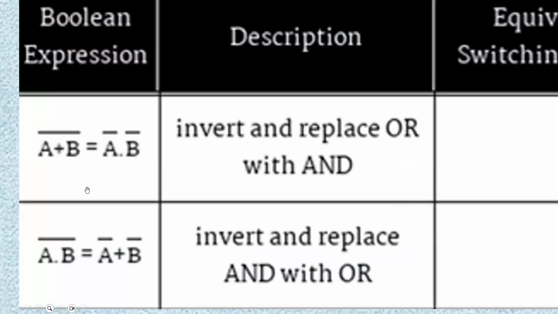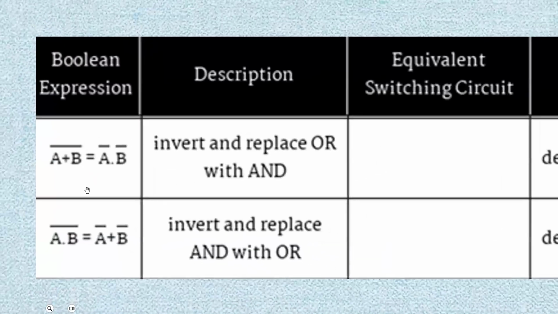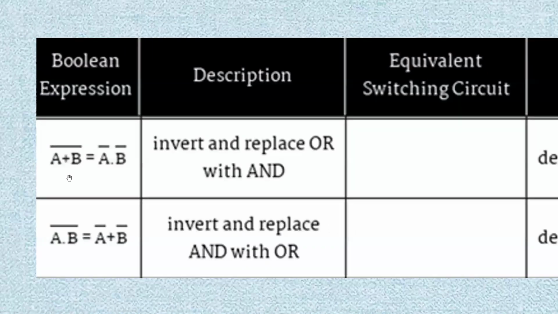You might have to use that when you're going to solve some kind of complex equations in order to simplify them. When you see A or B and the whole OR operation is inverted, it's the same as separately inverted A and separately inverted B, with an AND symbol.